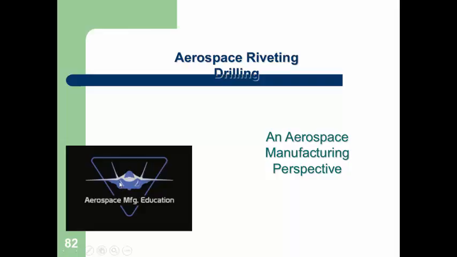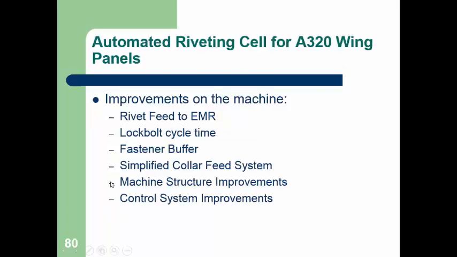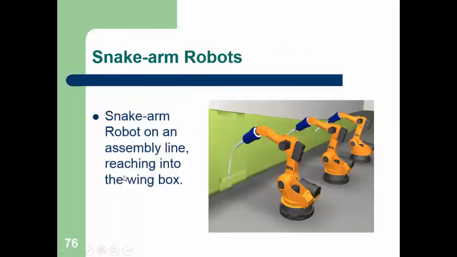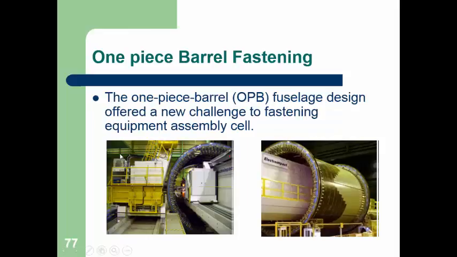The problem with getting in with a tool is that the tool wouldn't be compliant to the way this duct curved around. So it couldn't reach around the corners and still have strength to be able to hold its position. So that's why the snake arm robotics were developed. And there's more in the instructor notes on those.